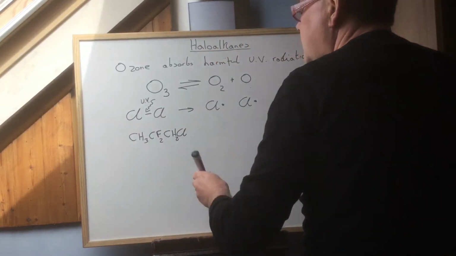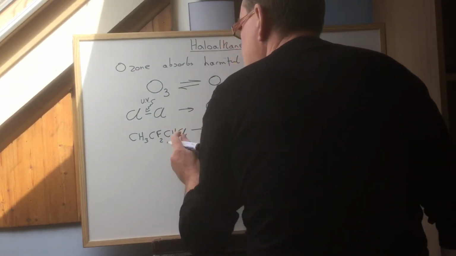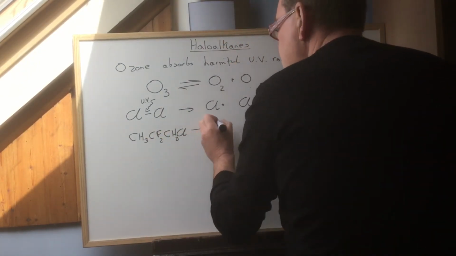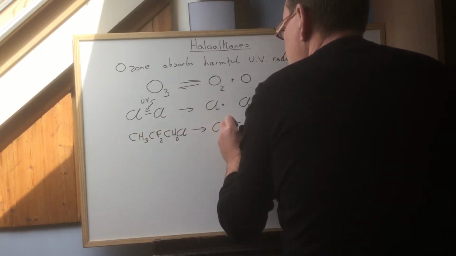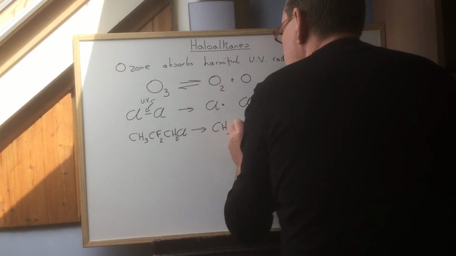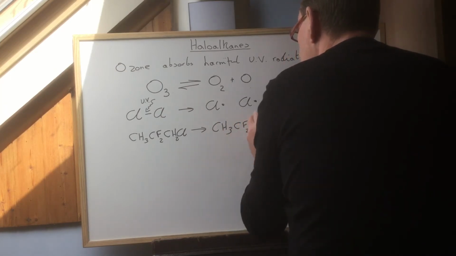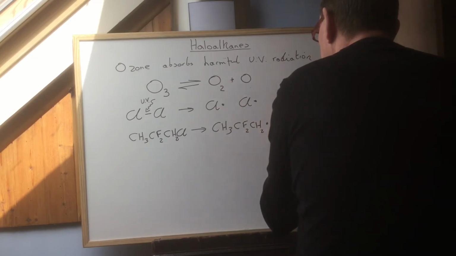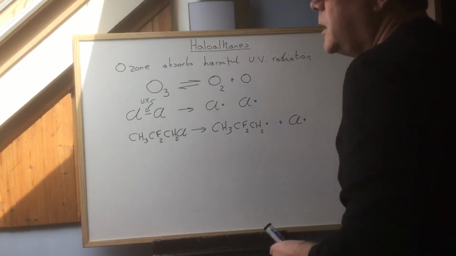Any CFC, but it's got a Cl attached. Basically, that C-Cl bond can break, and you can have any CFC you like here. Those other bonds don't break, but this one will separate into two free radicals, like that. So you get your chlorine free radical through a CFC breaking.